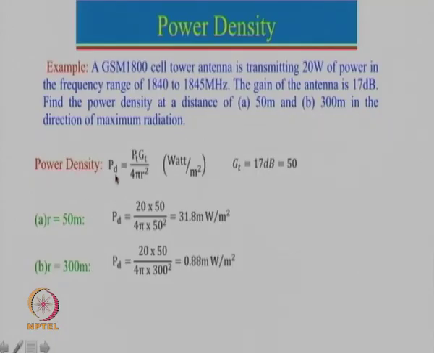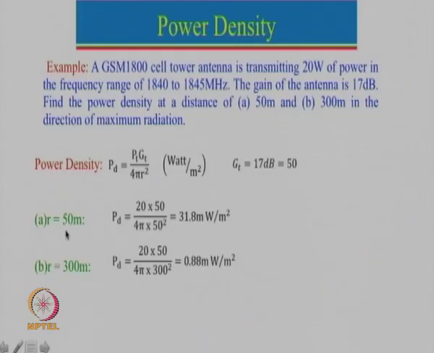We just saw that the power density is given by this particular expression, that means it is proportional to transmitted power, gain of the antenna and the distance. Now, the gain of the antenna is given in dB, which is 17 dB. We need to convert that dB into a numeric value, which is 50.